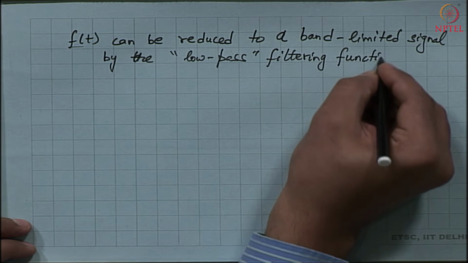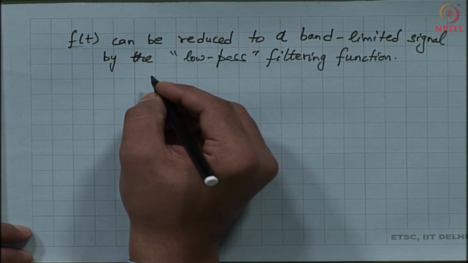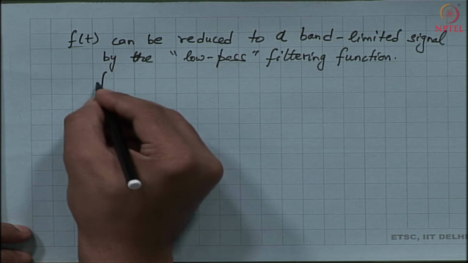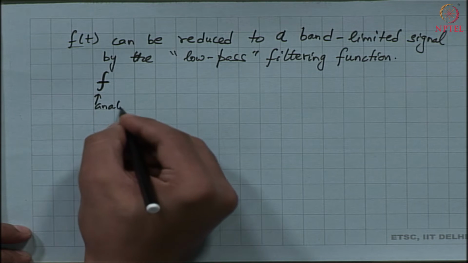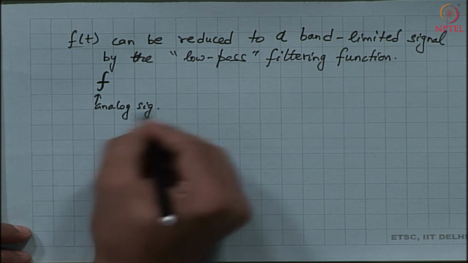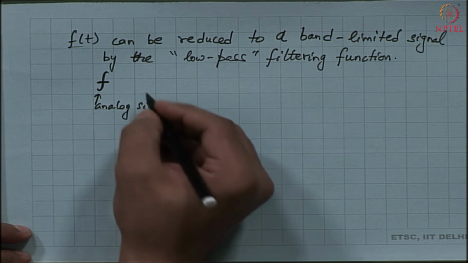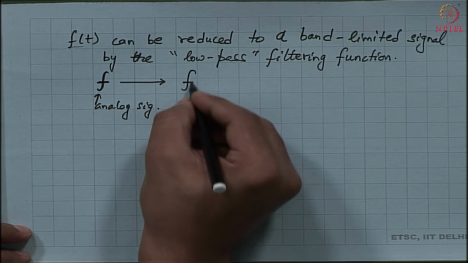That is another function, right. So, what is this function? If I have an analog signal f, this is my analog signal, which is a time continuous function, and we want to reduce it into a band limited signal.